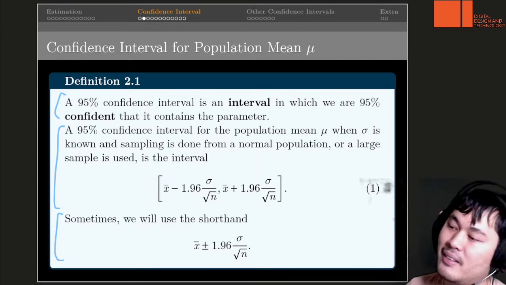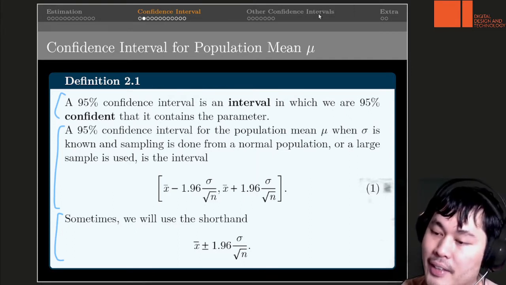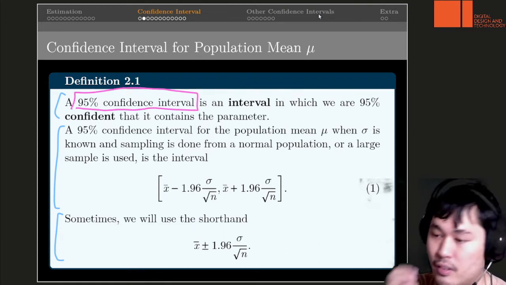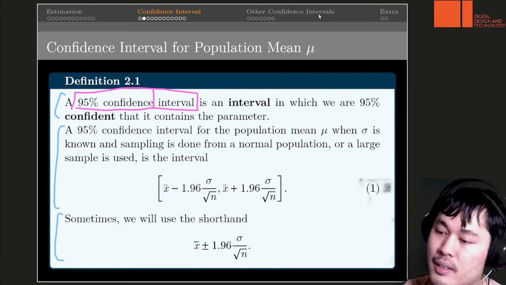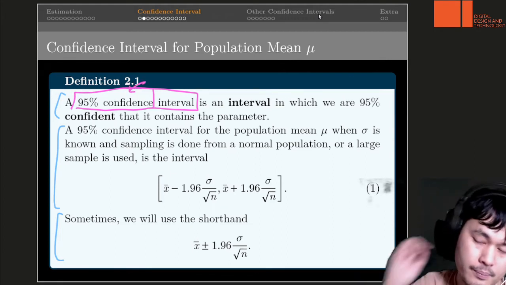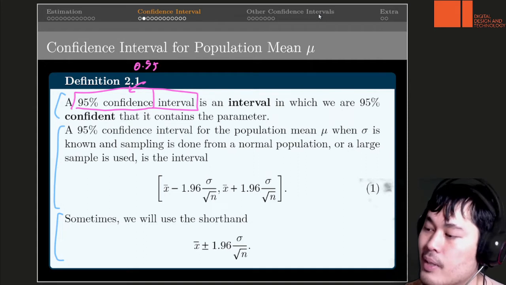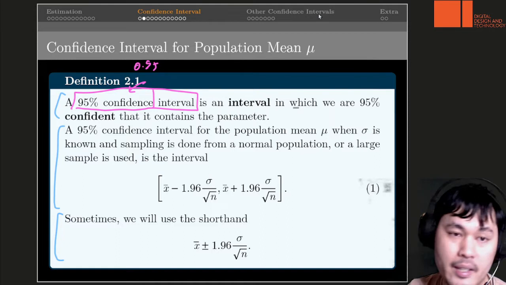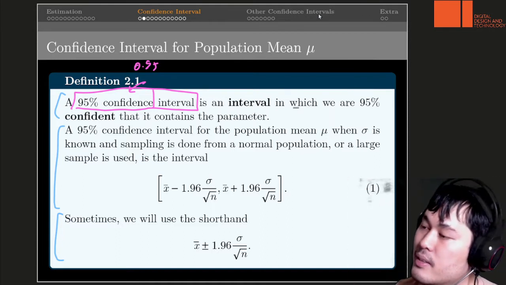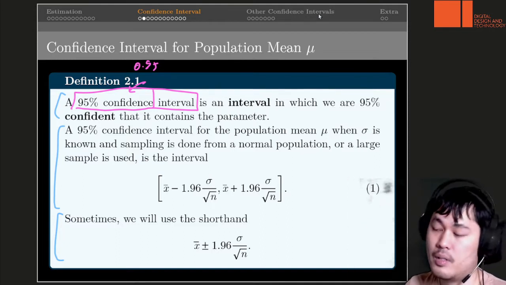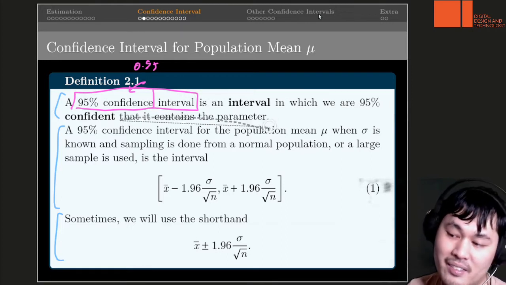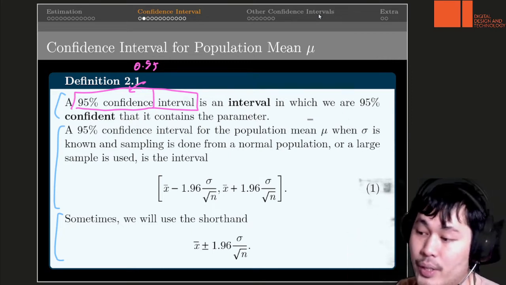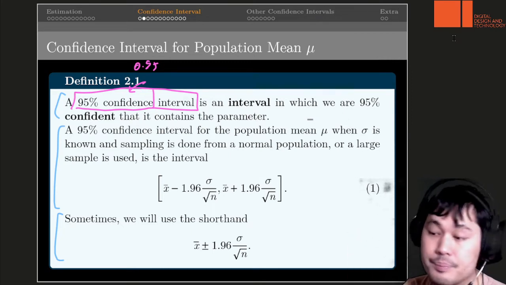In the first part, this is a definition of a 95% confidence interval. So we talk about interval, and now we put the number for that interval, which is 95% or 0.95. The 95% confidence interval is an interval, the yellow number we talk about just now, in which we are 95% sure, 95% confident that it contains the parameter, that the actual value we want to estimate is within that interval.